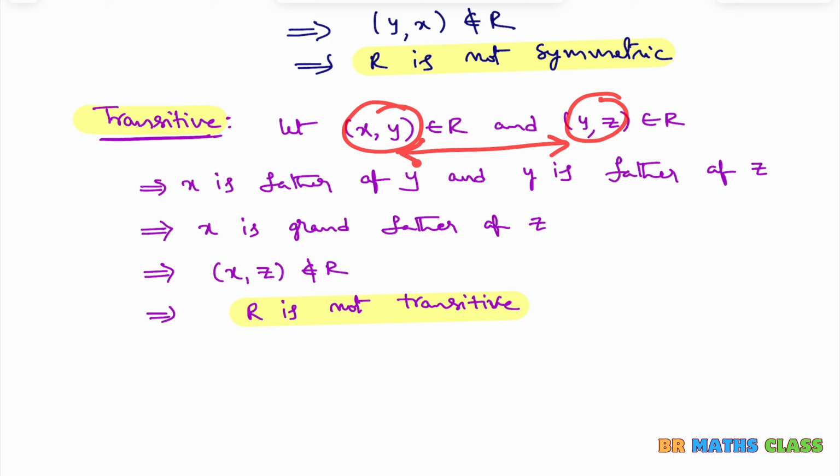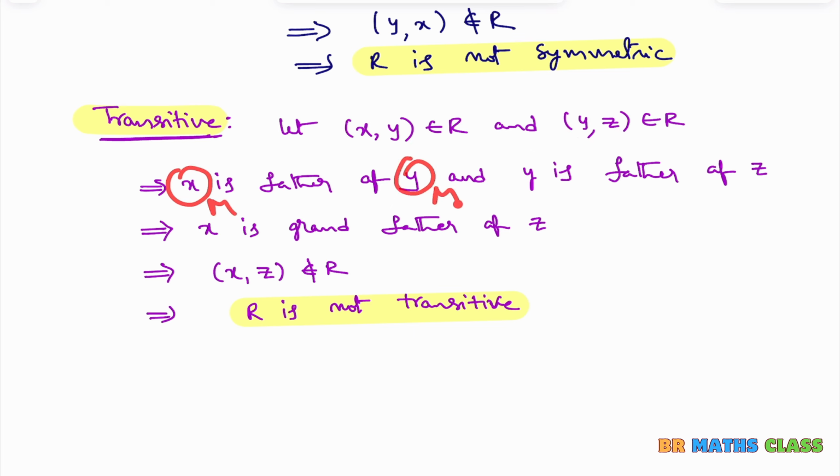That's what I am trying to say. If x is male and y is female, in that case, female cannot be father of z. You try to understand, right? But the point is, does such a pair exist in the relation or not? Yes, such a pair exists. When x is male, y is male, then y can be father of z.